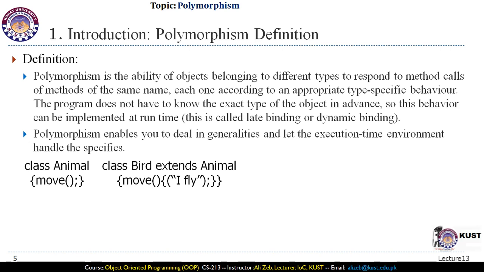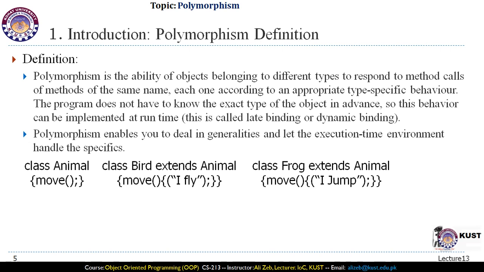Every animal has its own kind of movement. Similarly, if we have a frog on our screen, and when we click on the frog, or there is a certain event that results in the movement of the frog, the frog's movement, as we understand, is jumping. So the frog should jump at a particular point that we have defined on the screen.